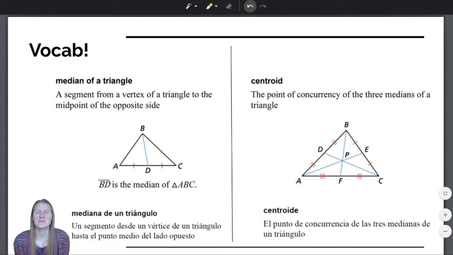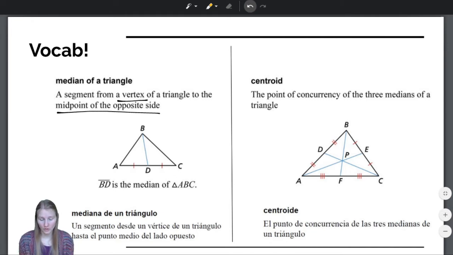So what is a median? We hear about it in driver's ed, but what is it in math? So a median of a triangle is a segment from a vertex, which means from a corner of a triangle, to the midpoint of the opposite side.